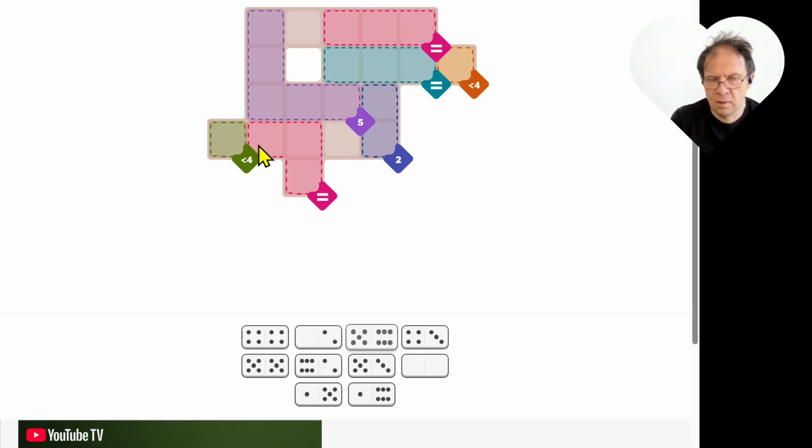If this, let's look at this pink for a second. Sixes. 6, 5, 6, 2. This could be 6, 2. Oh, can't be 6. It's got to be 4 or 5. This has to be 4 or 5, and the reason is because you need a double.